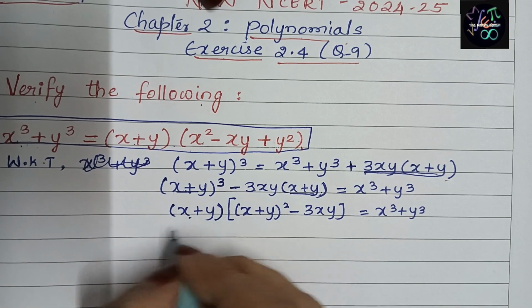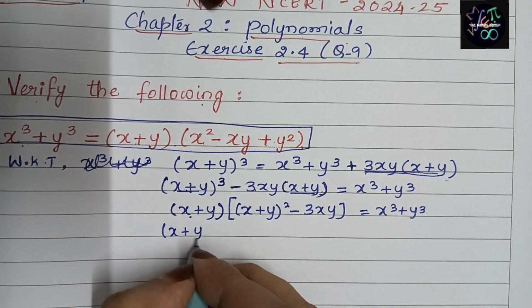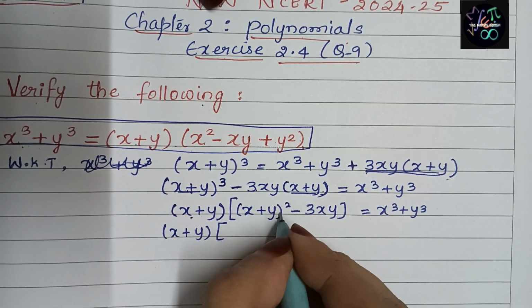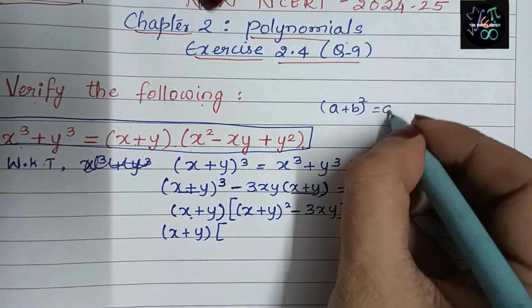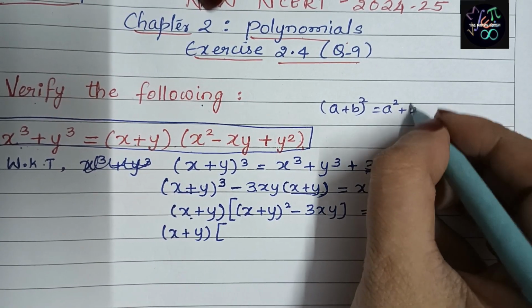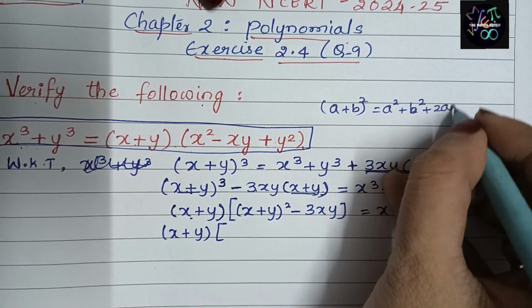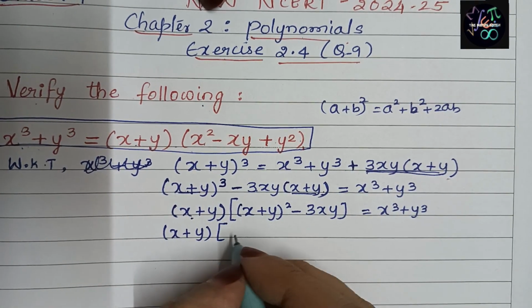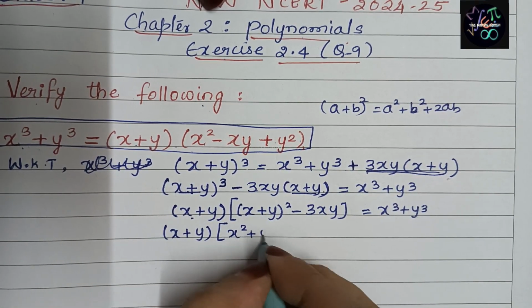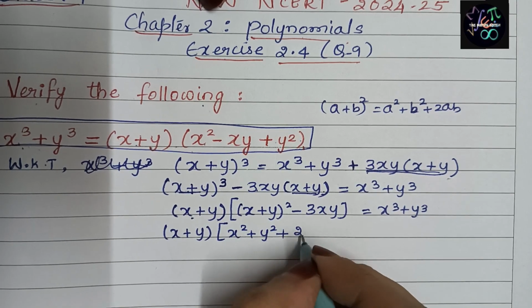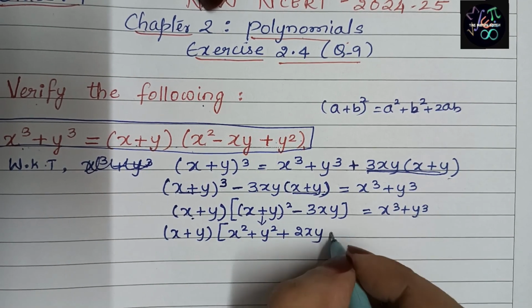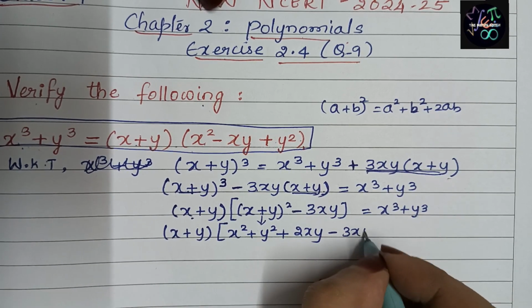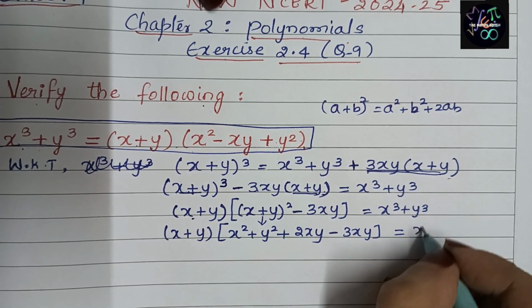Now here x plus y stays as it is. We all know the (a plus b) whole square formula, a square plus b square plus 2ab. So I'll use this formula and split it: x square plus y square plus 2xy, with the minus 3xy as it is, equal to x cube plus y cube.